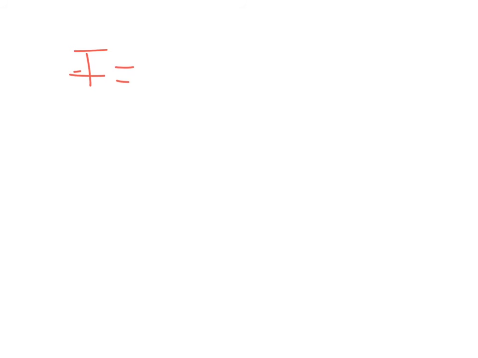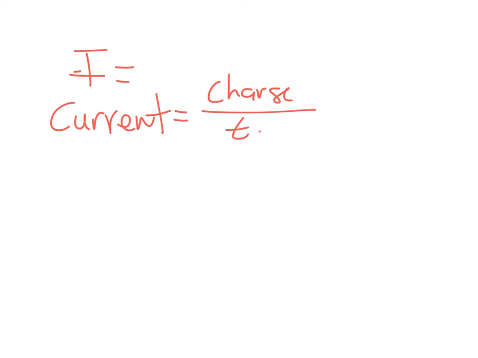Okay, so what we're going to take a look at now is something called current. Current is going to involve the movement of a charge in a given amount of time. So that's what we're going to be focusing on. Let's say we have a charge of 5 in 1 second.